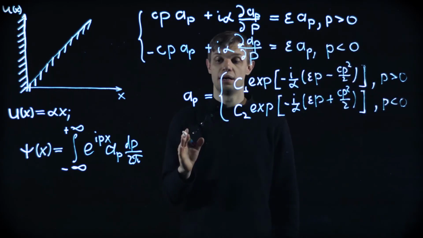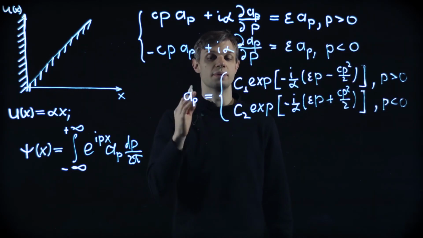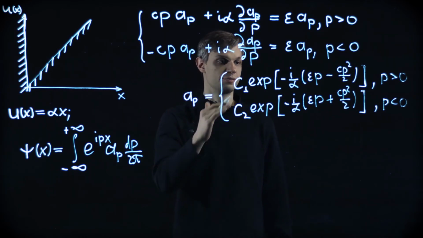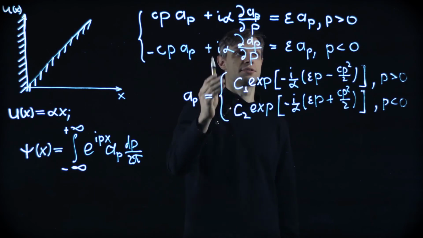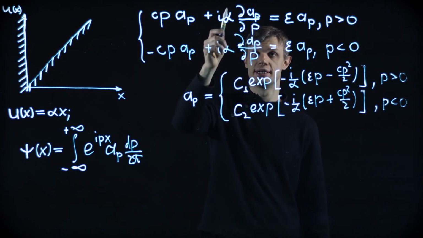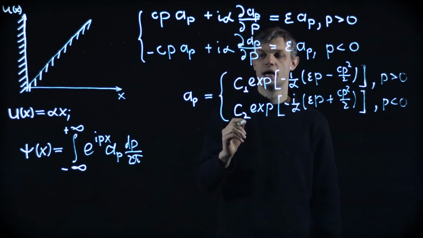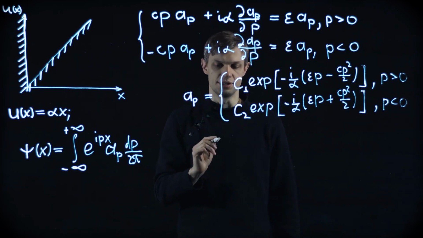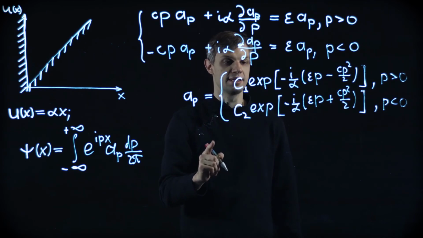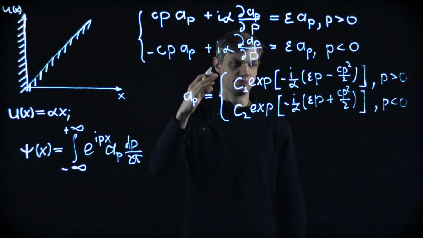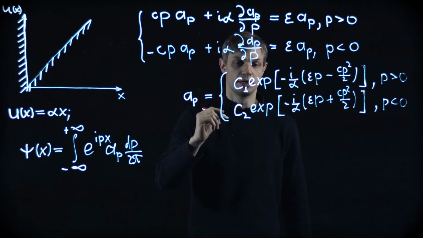But our wave function, even in momentum representation, should be a continuous function of the p variable. Why? Because we have this differentiation sign in our Schrodinger equation, and you can easily convince yourself that A(p) should be a continuous function. That means that it can't have these drops of values.